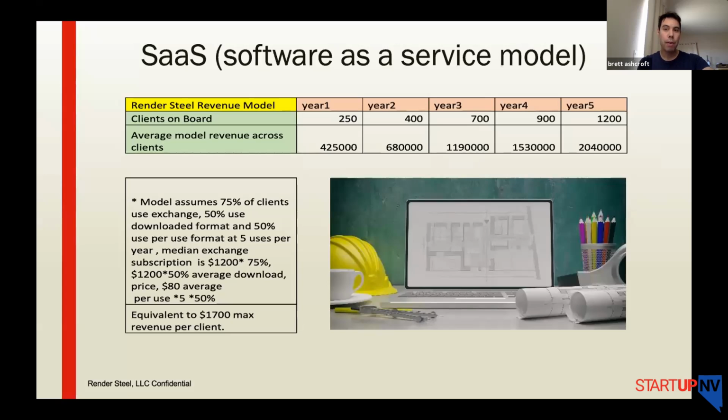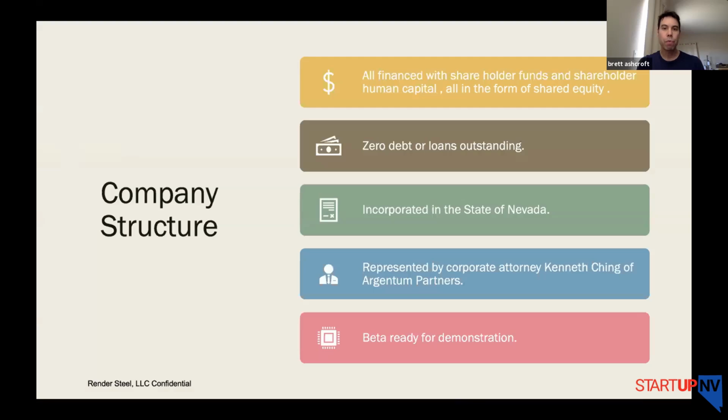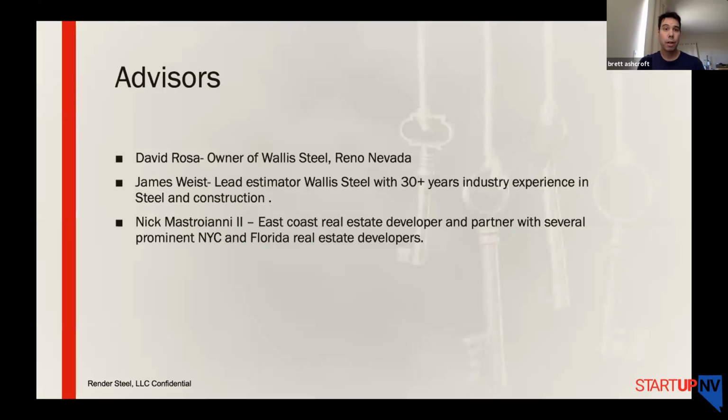Looking at a revenue model, I know we're cutting short here, but this model is just assuming that we're going to be getting a $1,700 max revenue per client, which is very conservative. If we can really beat what's out there, we can make customized suites for businesses. We have zero debts and loans outstanding. We're incorporated in Nevada, we have general counsel, and the beta is ready for demonstration.